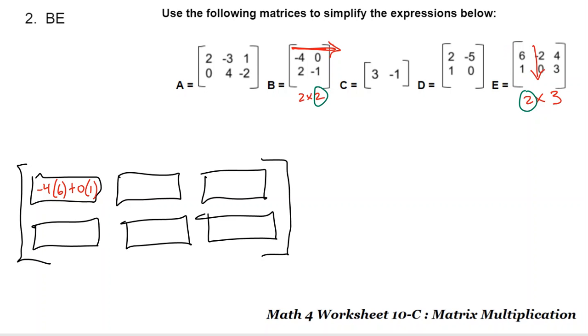I'm going to get -4 times -2, and then I'm going to get 0 times 0. And then we're going to move over to the last column. -4 times 4 and 0 times 3. And that is our first row.